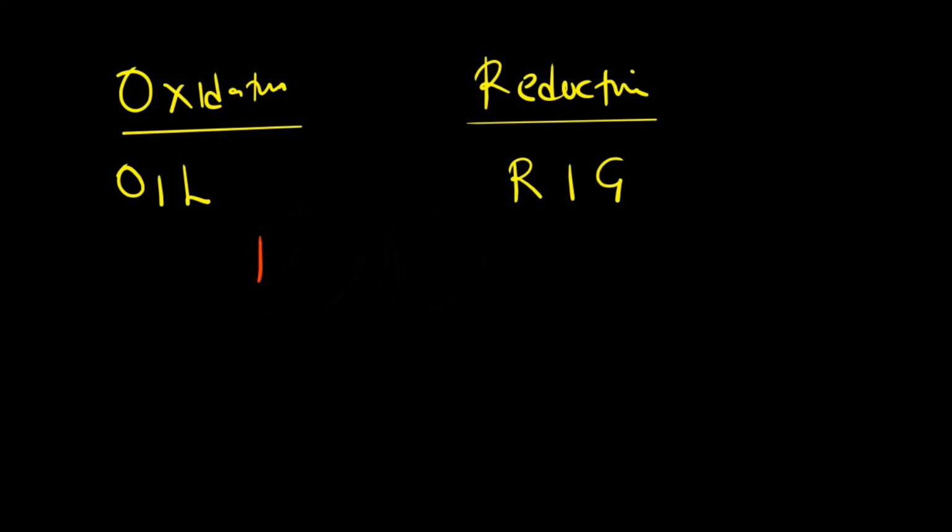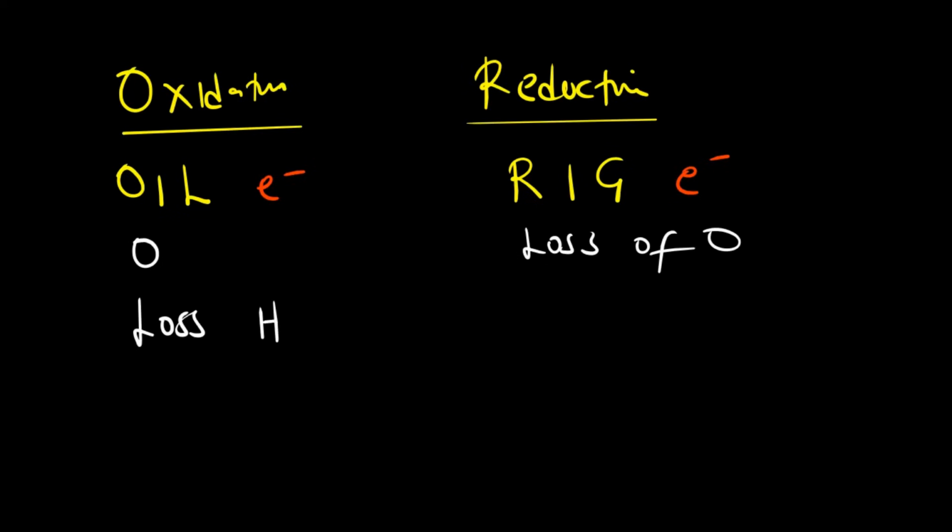Here we're talking about loss of electrons and gain of electrons. However, oxidation can also be defined as an increase in the oxidation number, or the addition of oxygen. For reduction, it is the loss of oxygen. Another definition, oxidation would be the loss of hydrogen. Reduction would be the gain of hydrogen. So basically those are the common definitions for oxidation and reduction.